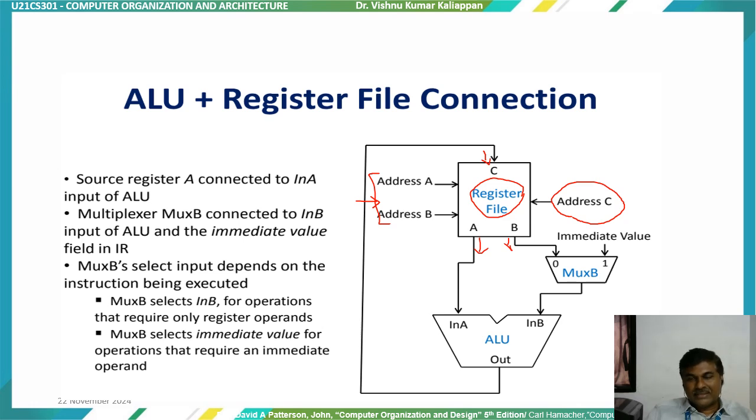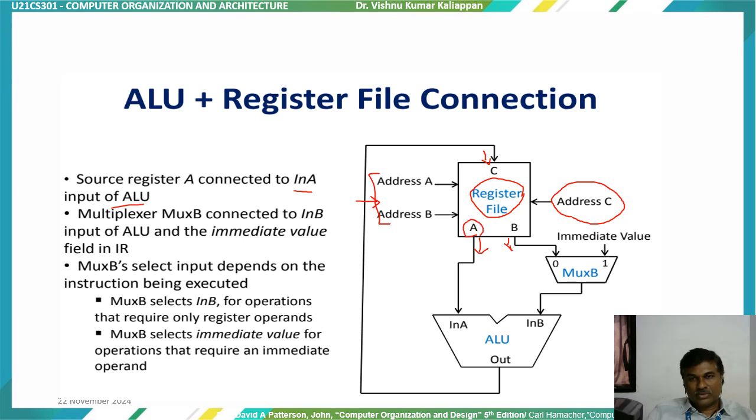So what exactly will this register file do for successful operation, that is, transfer of information? It transfers the data to the ALU for further processing. Let us see the source register A connected to in A of the ALU.